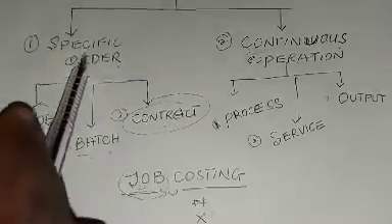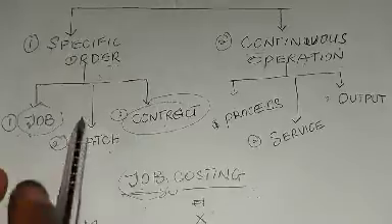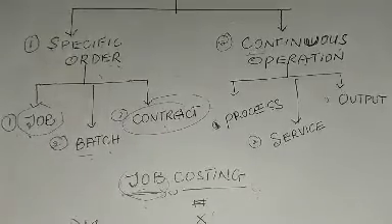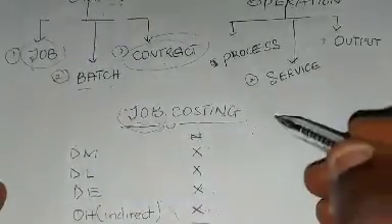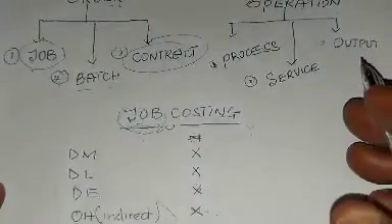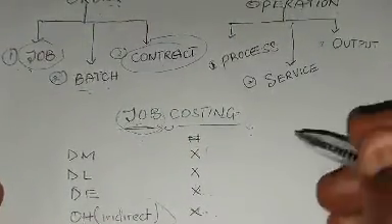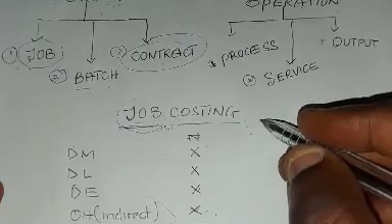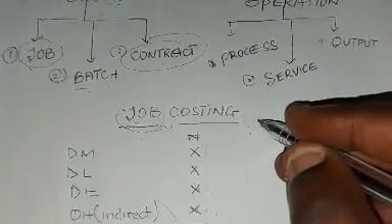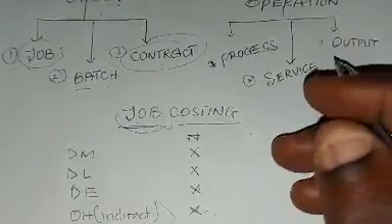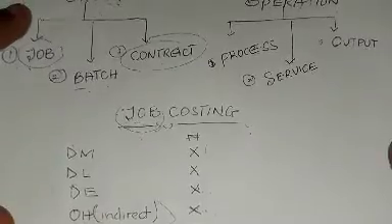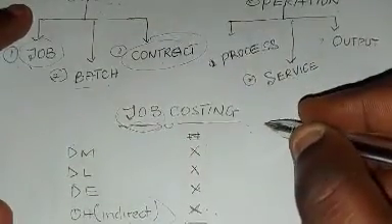Let's start with the specific order by considering job costing. In job costing, a job is a particular task or a particular work to be done that is specific. For example, the production of furniture.